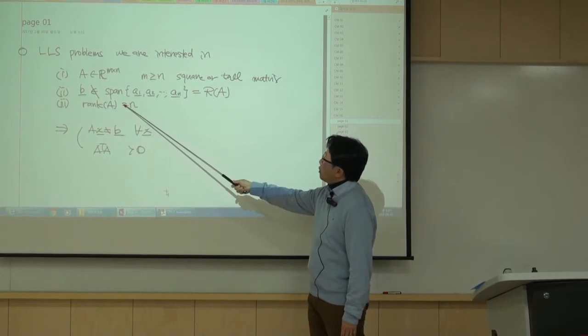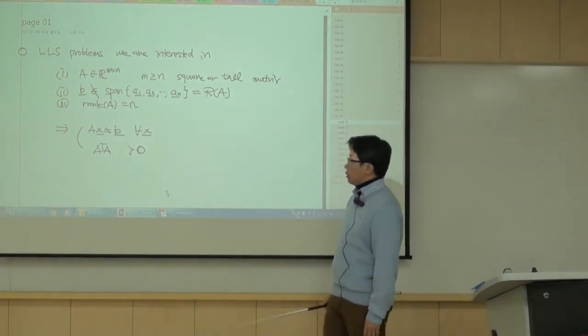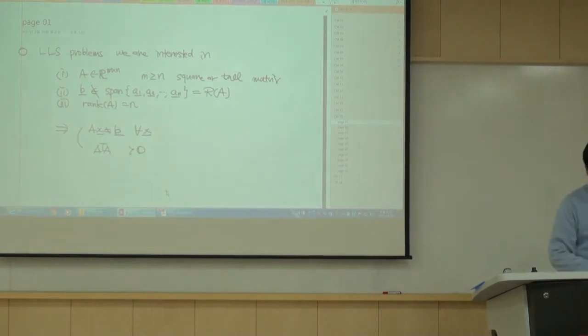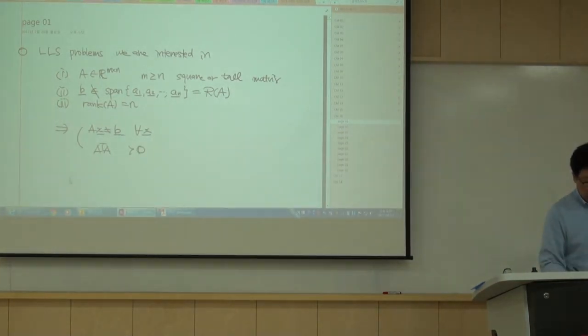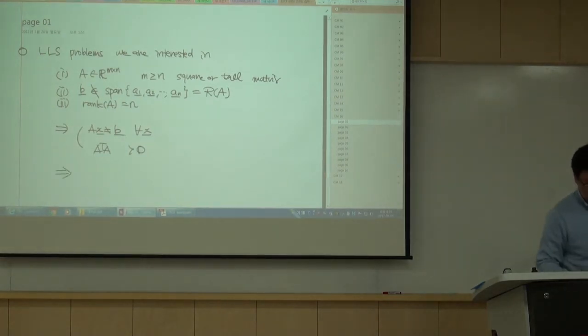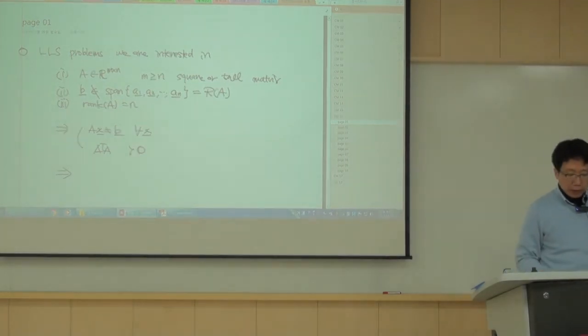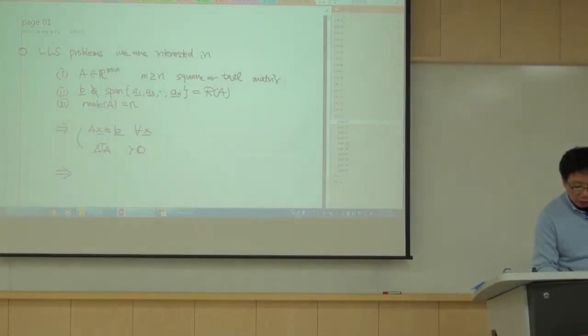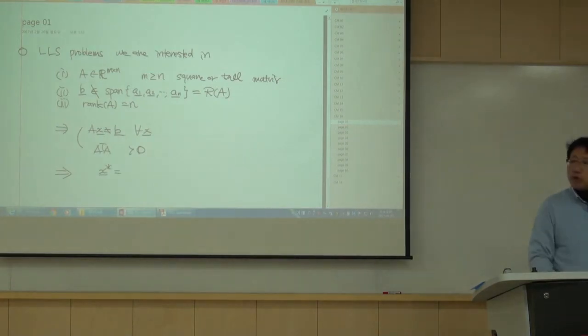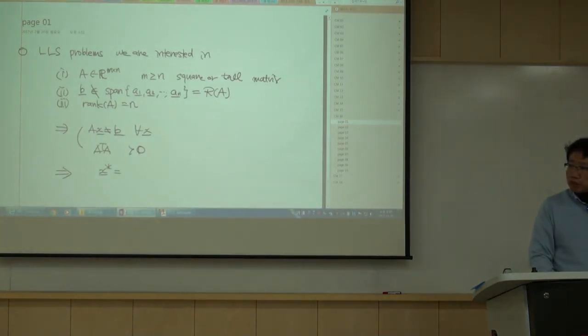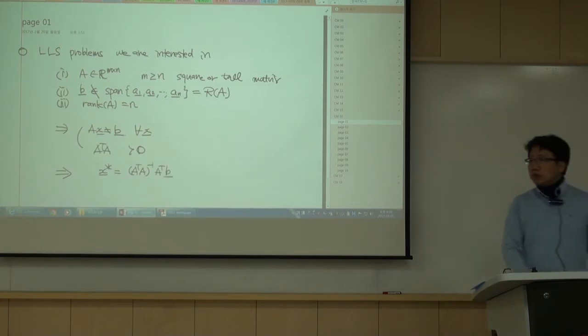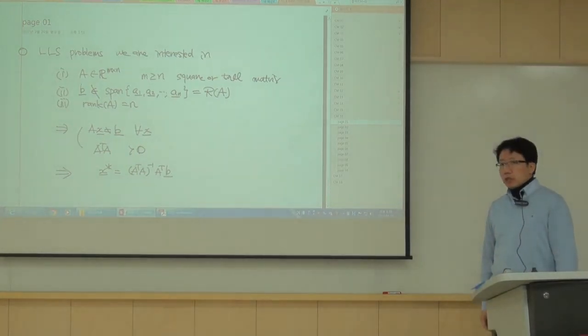And first and third condition says A transpose A is positive definite. Now, this is a kind of intermediate implication, but the final implication of these three conditions is that we can just solve this quadratic minimization problem and get the Gramian of A matrix inverse times A transpose b as the optimal solution that is unique.